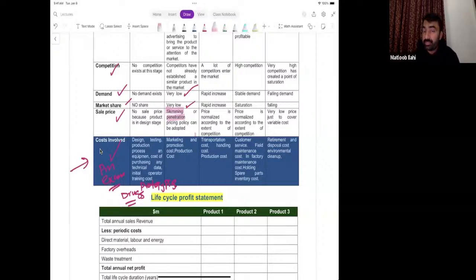Penetration pricing is a pricing strategy, charging a low price just to penetrate into the market because a lot of brands are not well known, so they may be struggling in the beginning, so they need to make awareness and they need to charge lower prices. So costs involved are marketing and promotion cost, production cost, etc.